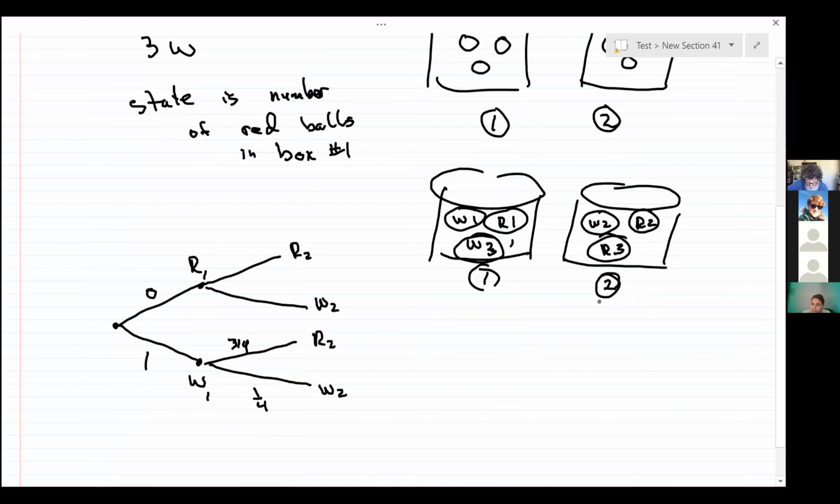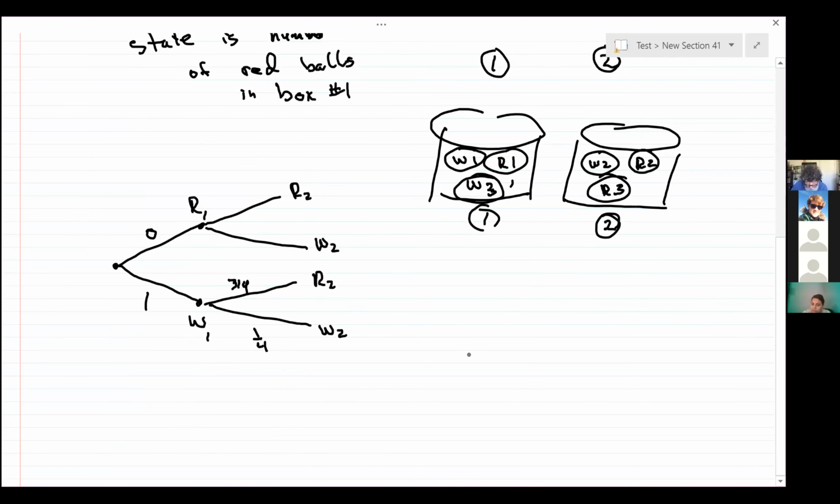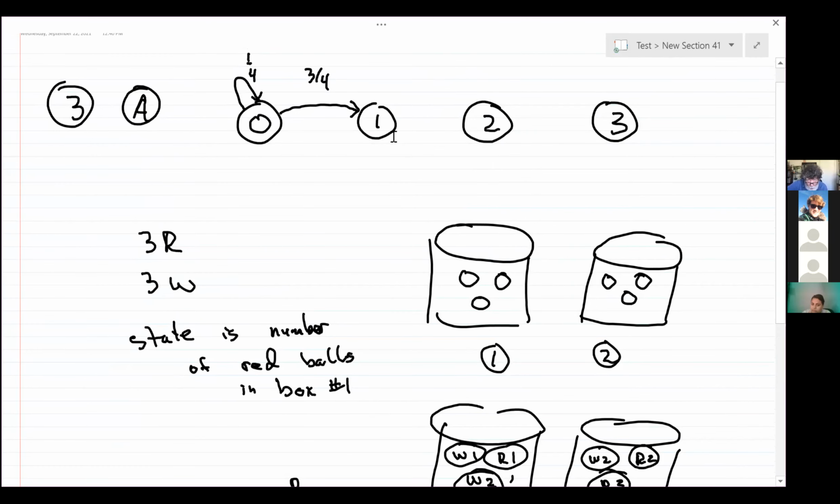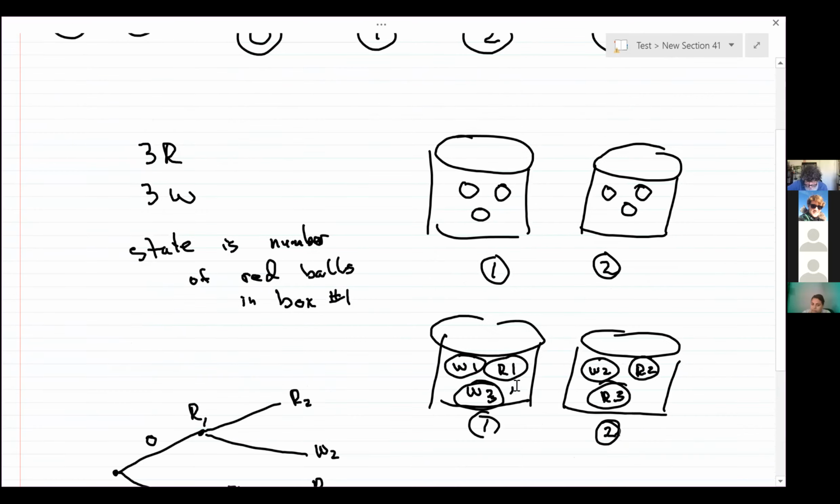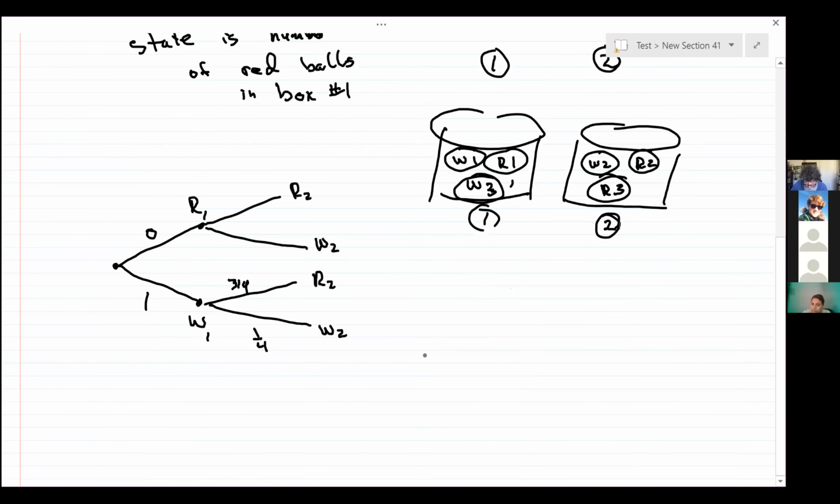Okay, so it's going to be a tree again, but my initial starting point is now at 1, because I have 1 red ball in container 1. So now I have a tree that is a little more meaningful. I either pick a red or a white on the first pick. And I pick a red or a white on the second pick.